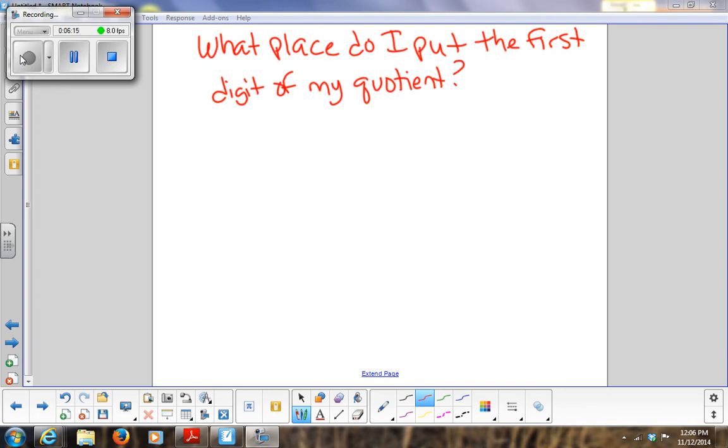Here's your first one. Where do I put the first digit of my quotient? What place value?